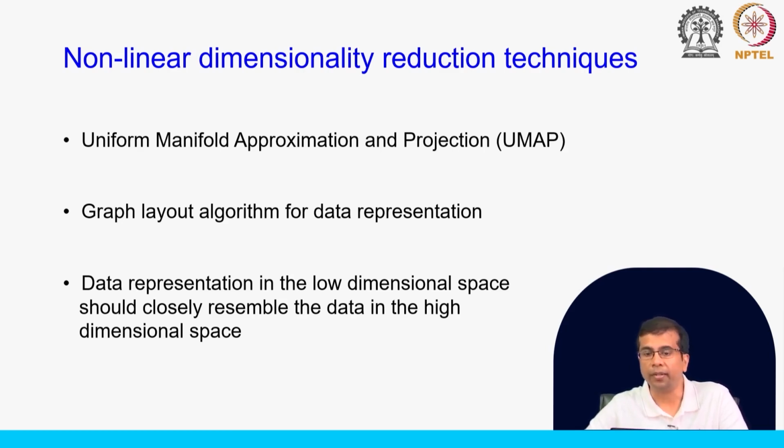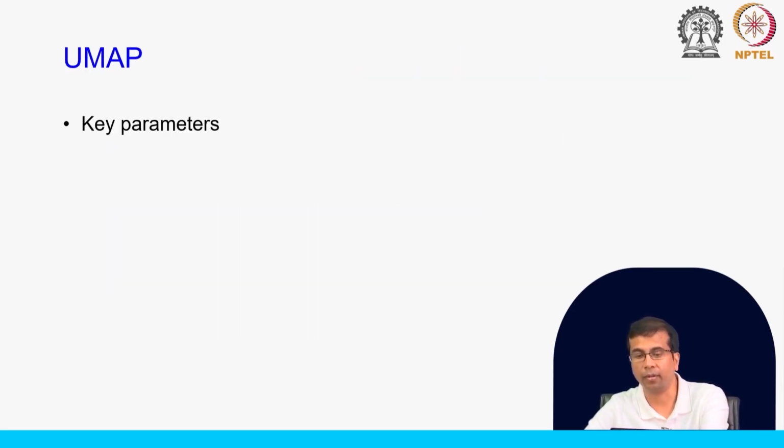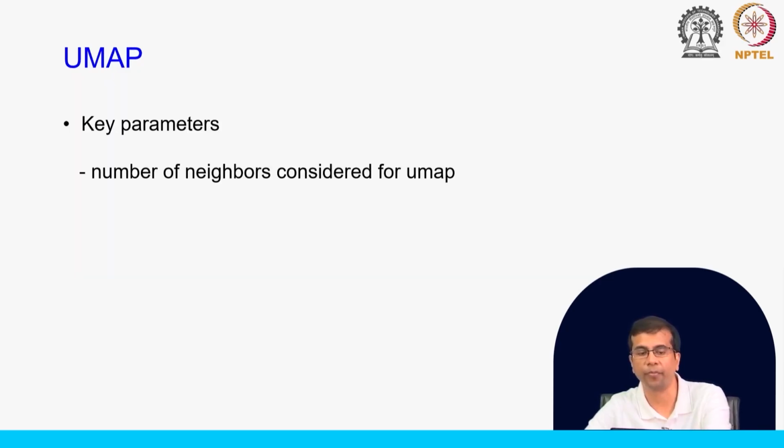Now, for UMAP analysis, I will very briefly mention the key parameters that are important and we have to remember. We will again do the hands-on. We will see that we have to consider the number of neighbors considered for UMAP. There is a default value, but of course, we can choose whether we want a lower value or a higher value.